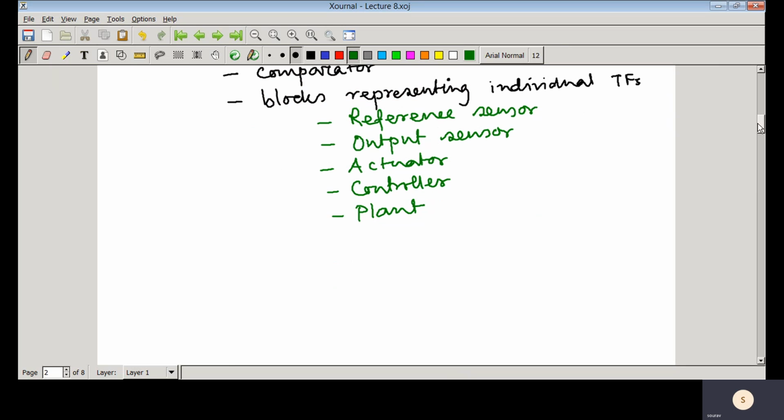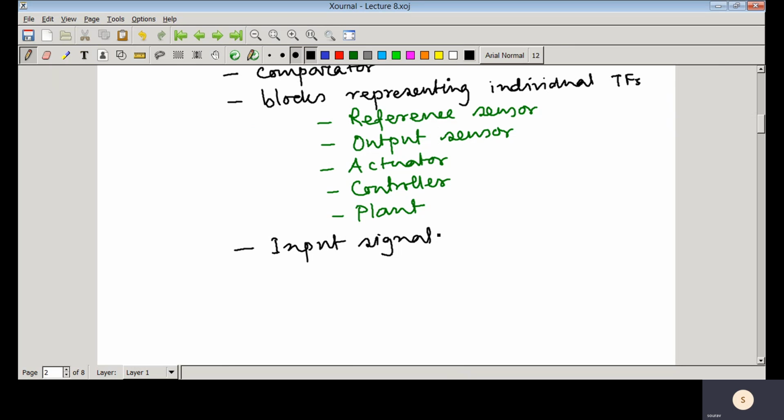And the block diagram comprises of various signals. So the first one is the input signal that actually drives the closed loop control system.